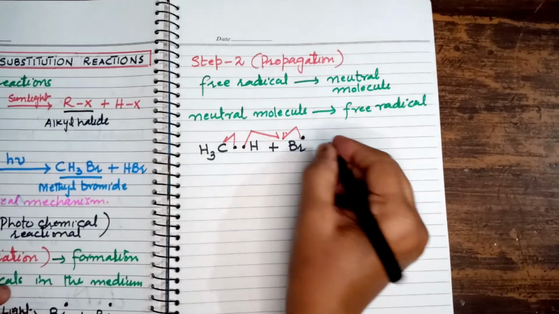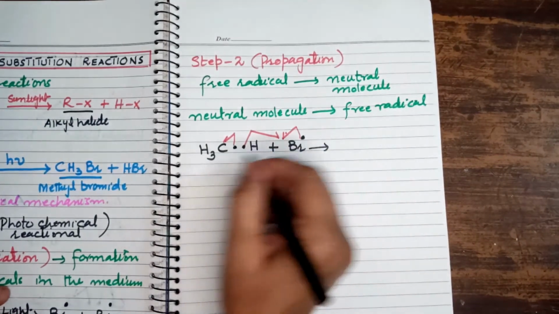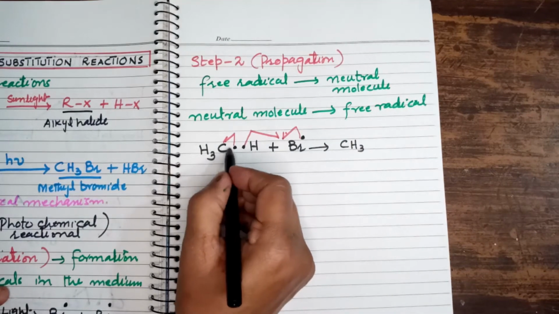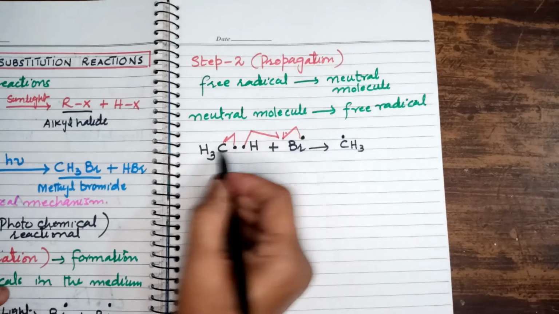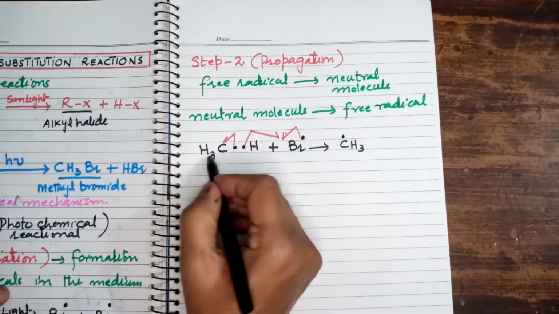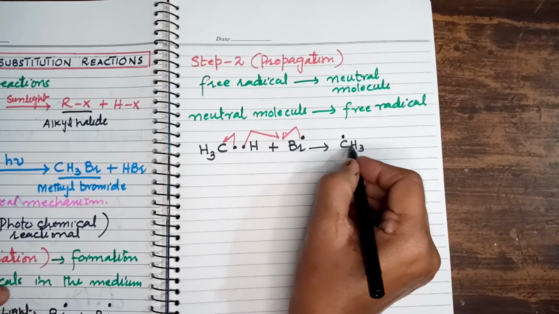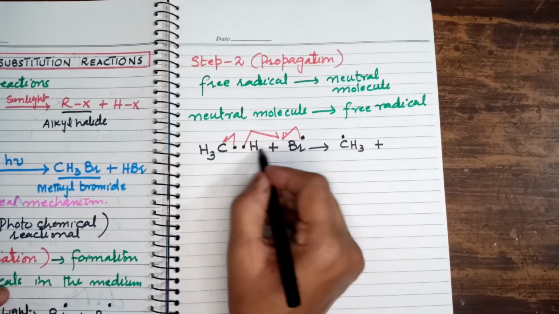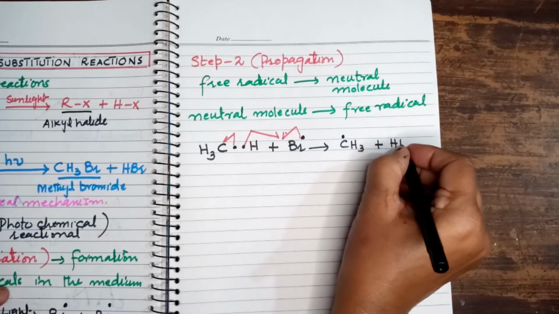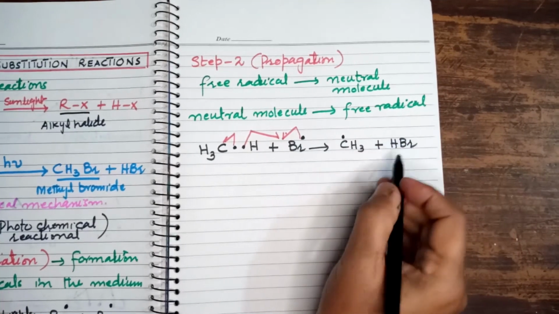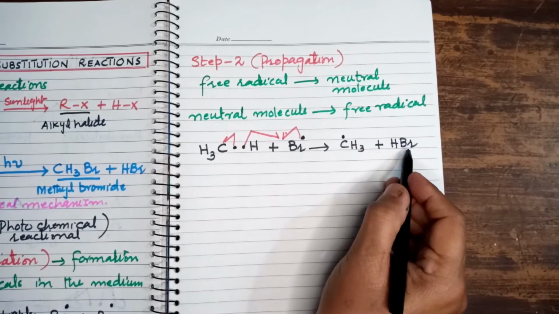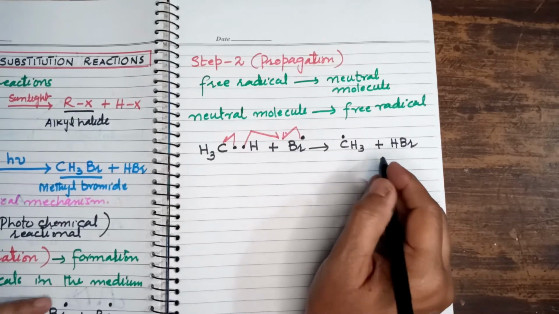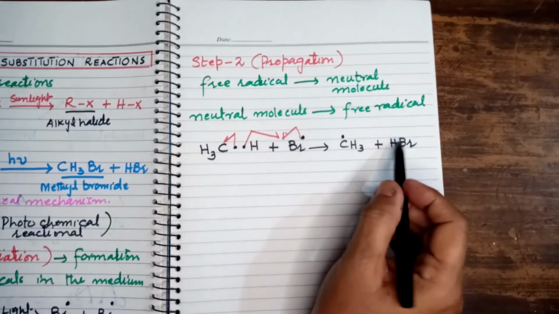So after the reaction, we will have CH3. This methyl carbon now has a single electron on it. So the methane molecule changes to a methyl free radical, right? And we have a bromine free radical before the reaction. After the reaction, it changed to HBr, a neutral molecule, right? Right, students? Now we will see the whole mechanism in the propagation step.